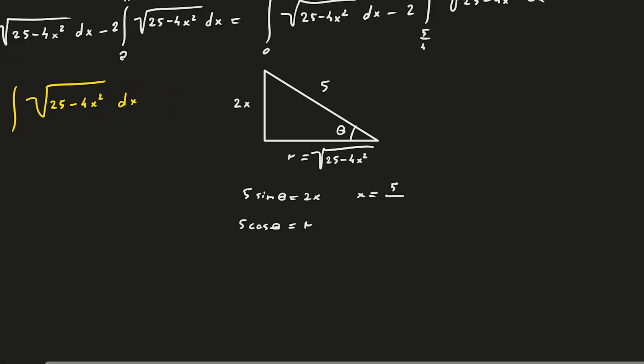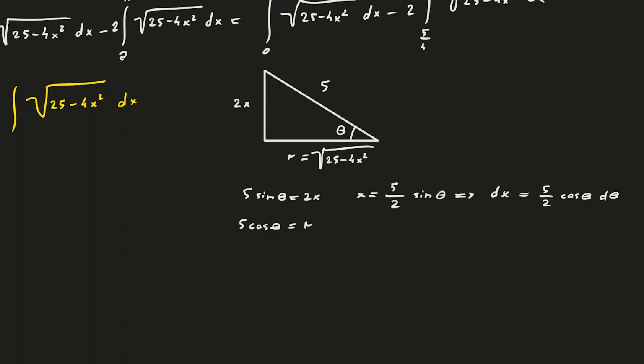And to do our substitution, we have to find the x. We know that x equals 5 over 2 times sine theta, and we can differentiate both sides, and dx equals 5 over 2 times cosine theta d theta.